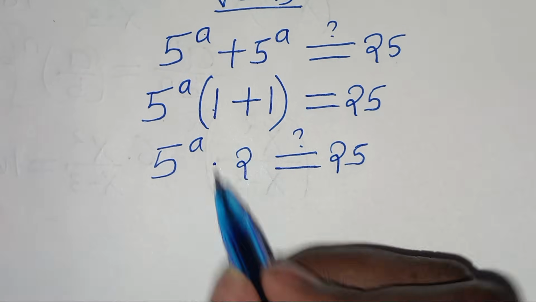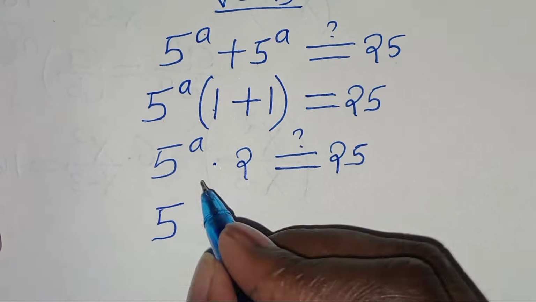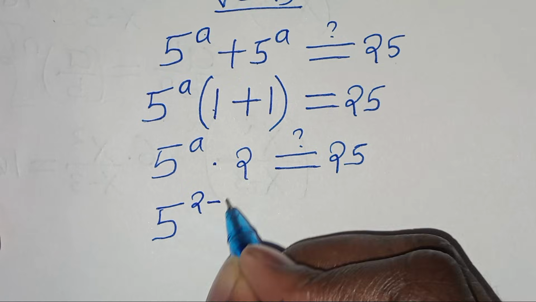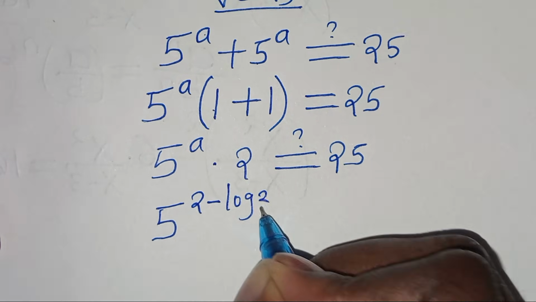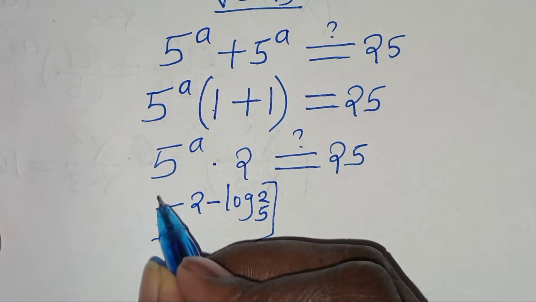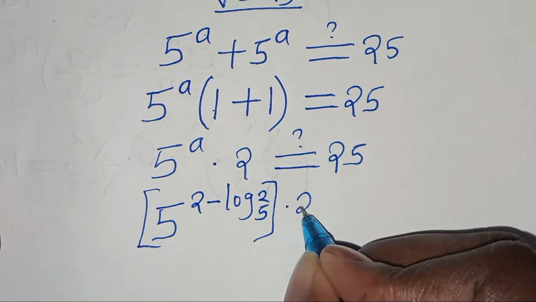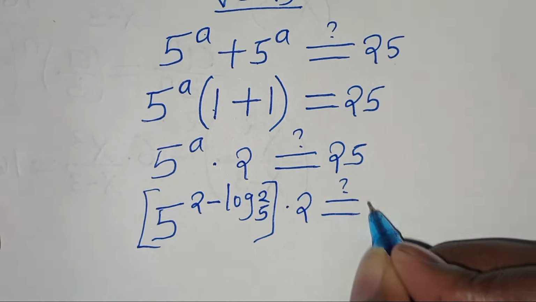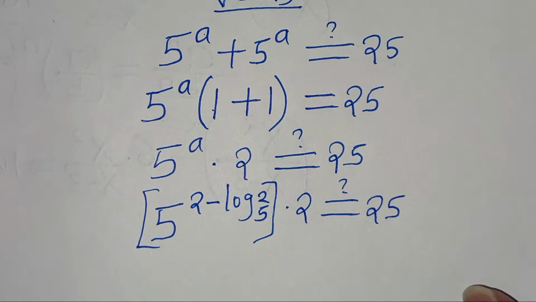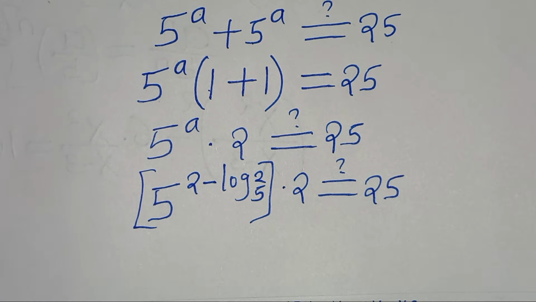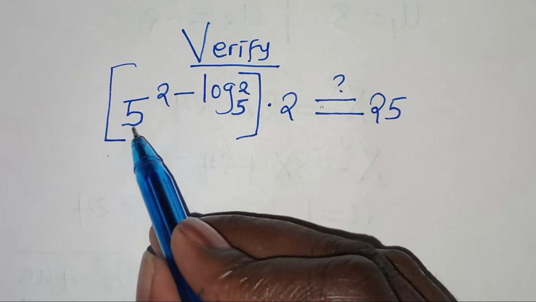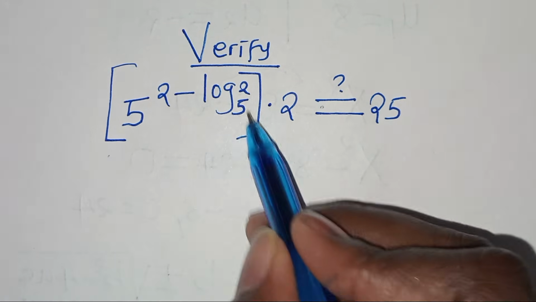Now let's substitute the value of a, so that we have 5 to the power of 2 minus log 2 to base 5, everything here multiplied by 2. This is supposed to give us a value of 25. Now we have that 5 to the power of 2 minus log 2 to base 5.